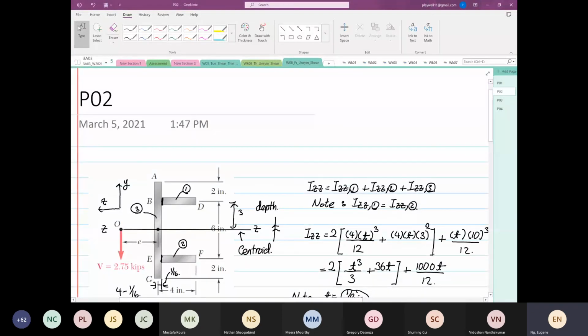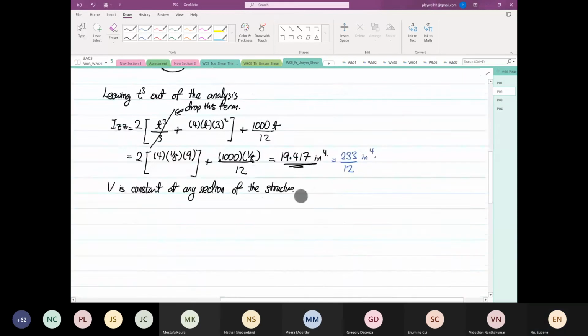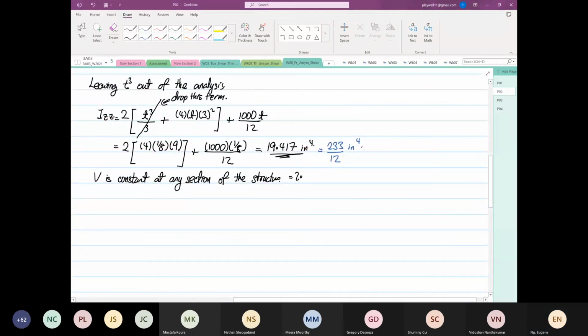The V is the force given, determined to be 2.75 times 10 to the power 3 pounds. This is the pound force. It's constant in any section of the structure.